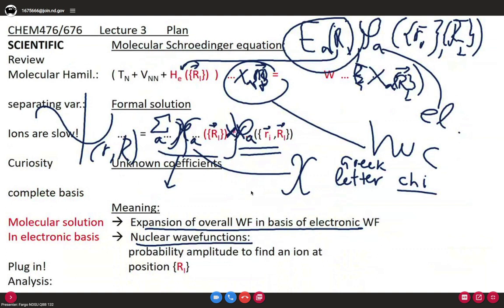A summation of general solutions will be a partial solution. If we plug this general form into the overall molecular Schrodinger equation, it will become an equation for chi functions, because phi functions are already known.